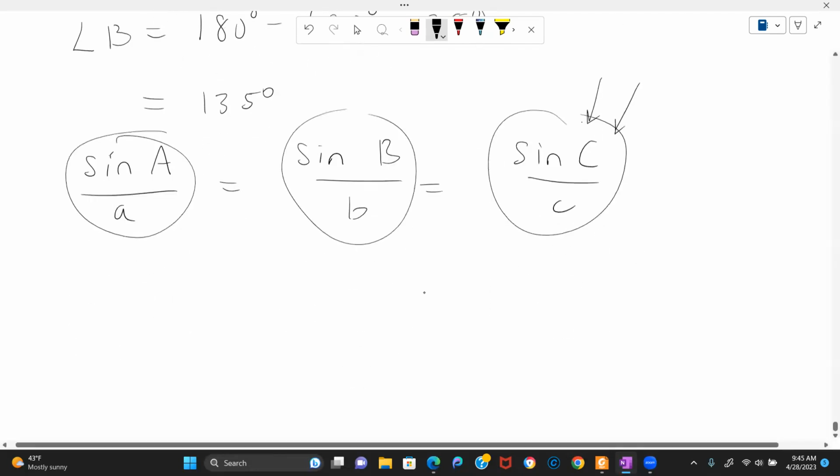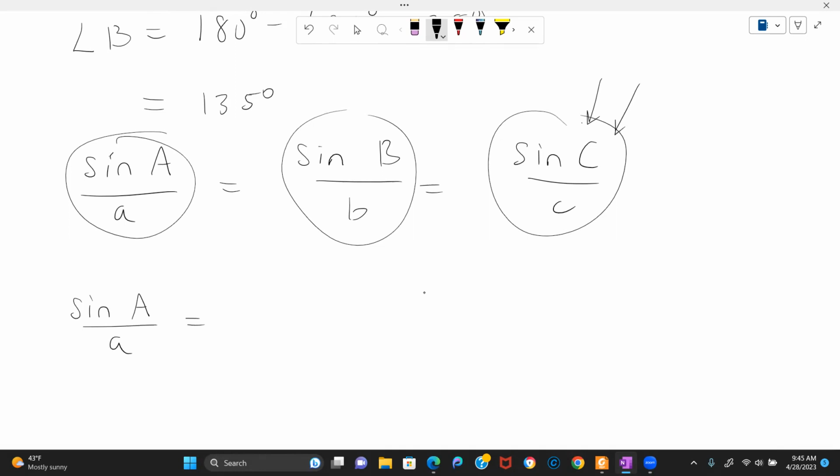So we're going to have these two separate equations. Sine of A over A we're going to set equal to this, and we want to solve for this A right here.